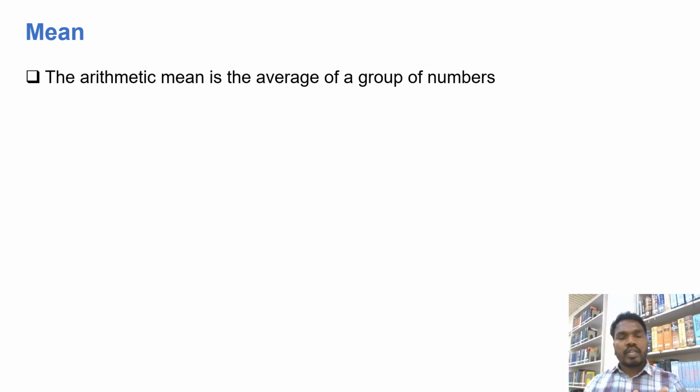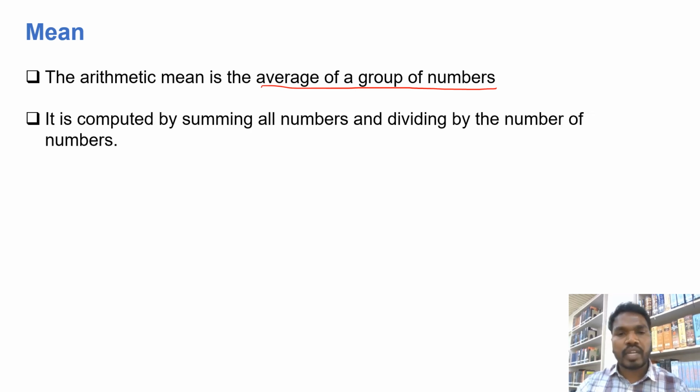Okay, so the mean, which is also called the arithmetic mean, is nothing but an average of a group of observations or a group of numbers. How will we find the average? As simple as that: we take the sum of all the observations and then divide by the total number of observations. Clear?